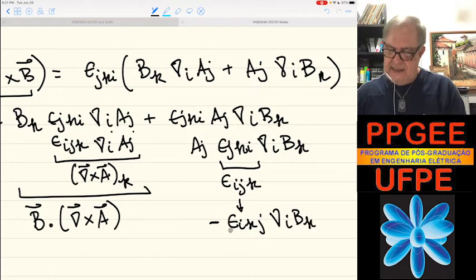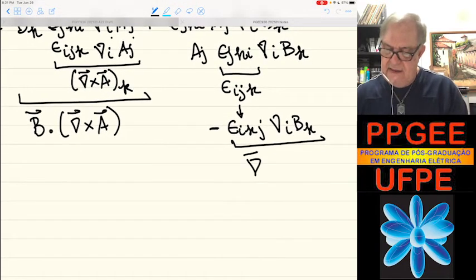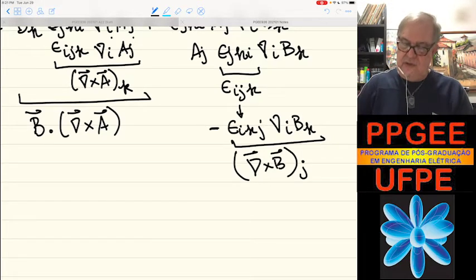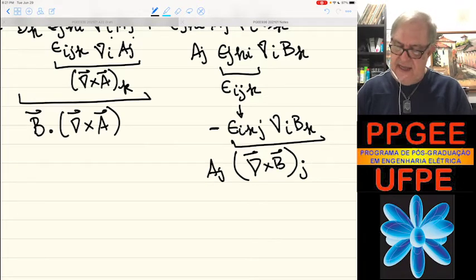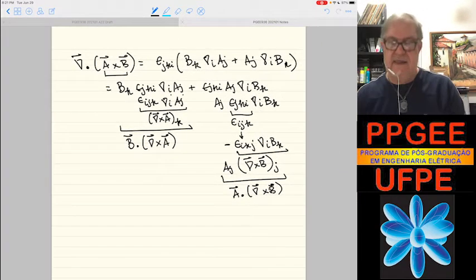Well, you see that this ikj is the cross product of nabla with b in the jth element. Okay, so we have here a_j times that, which is a dot curl of b. So that's the identity, right?